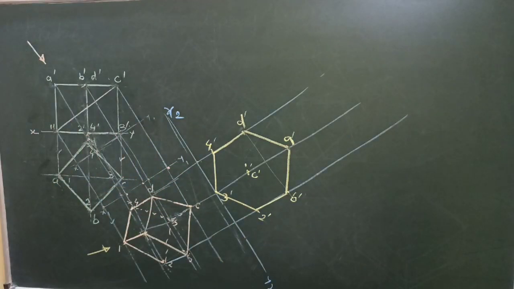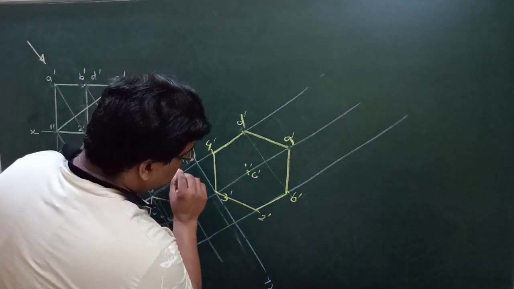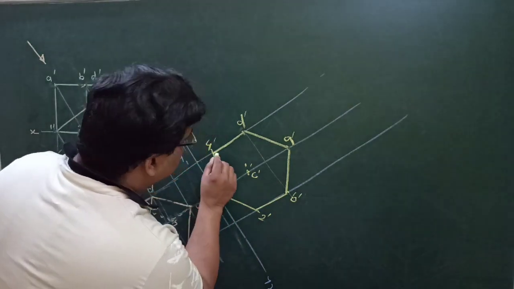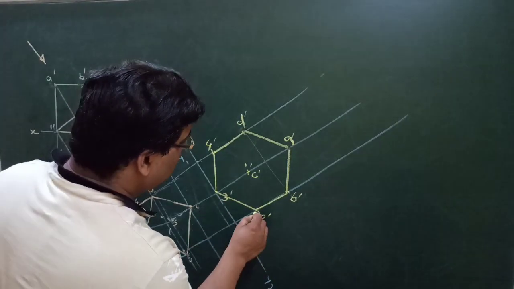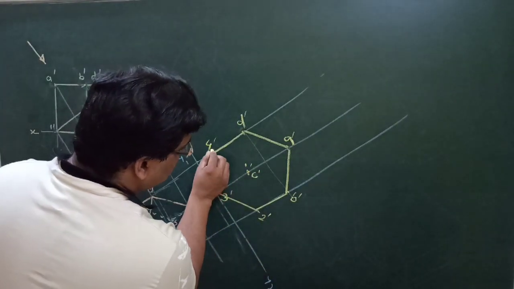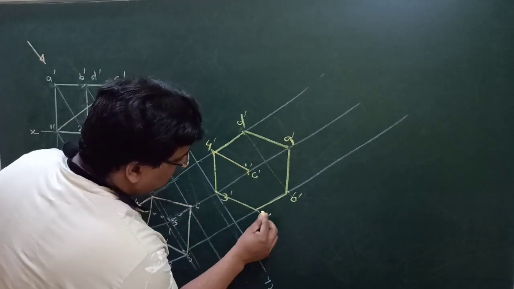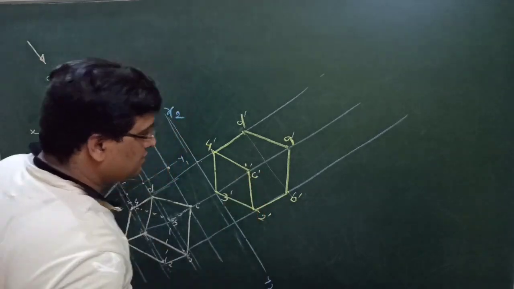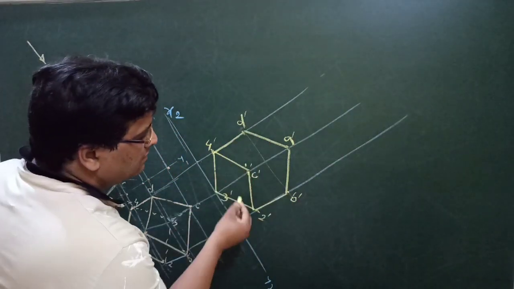Like this, and you can join 1, 2, 3, 4 because they are completely visible. So this is 1, then 2, 3 and 4. So join them directly with the continuous line. And half part of the ABCD is hidden.